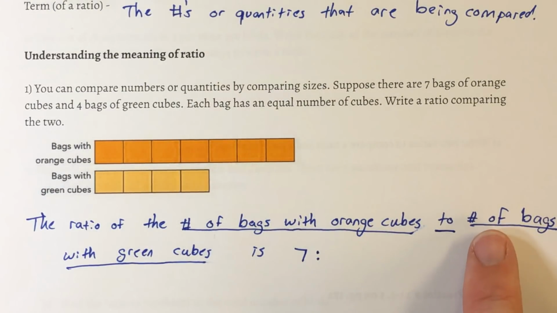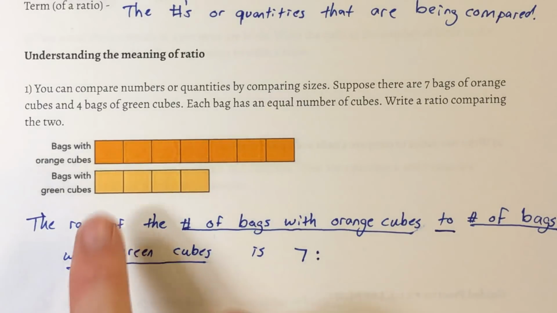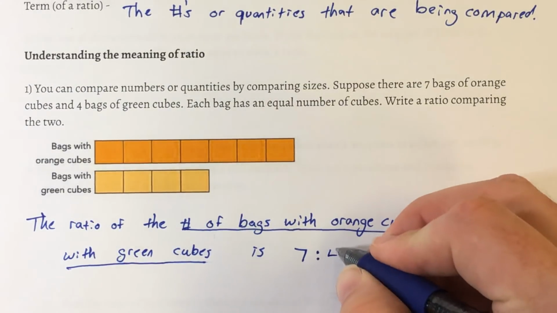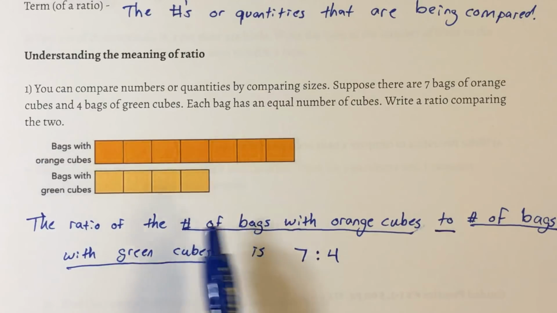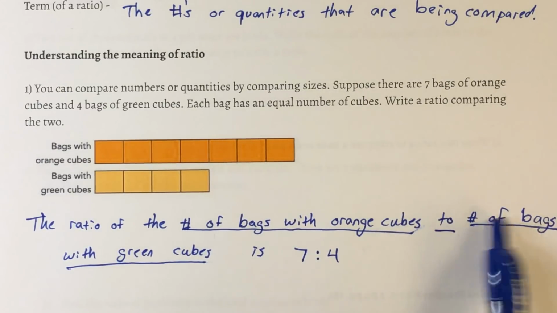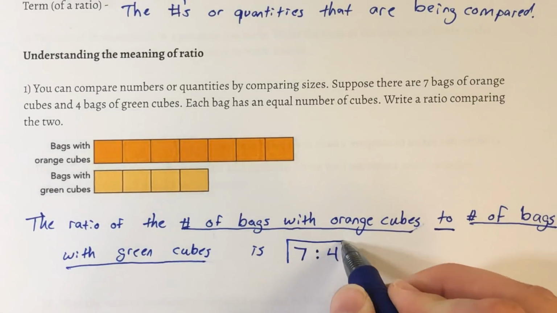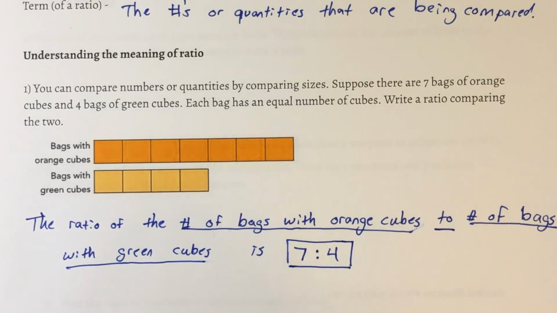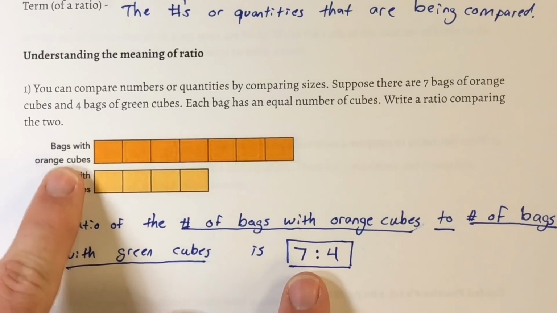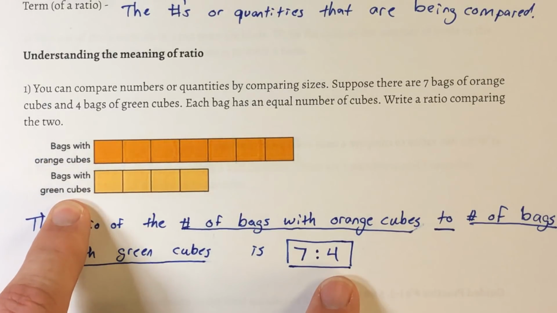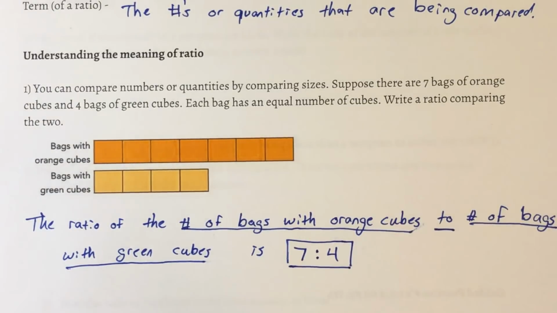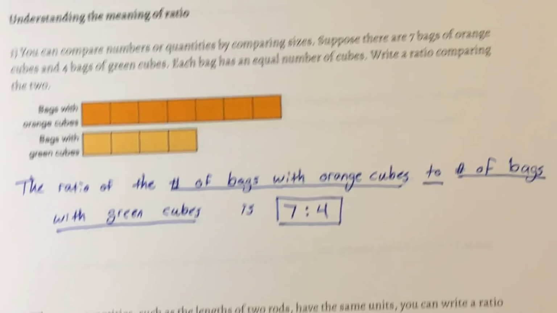Well, the next, I want number of bags with green cubes. 1, 2, 3, 4. So the ratio of number of bags with orange cubes to number of bags with green cubes is 7 to 4. And that's your answer. That's a basic ratio. We are comparing bags with orange cubes to bags with green cubes in that order. If I wanted to switch it, then you'd switch your answer.